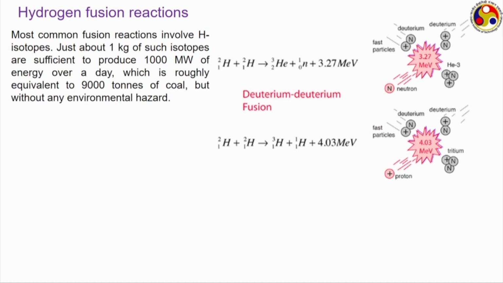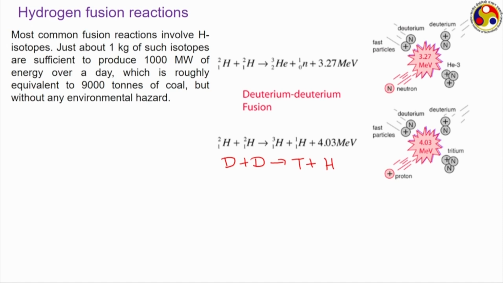Similarly, it is also possible to have a deuterium fusion to produce tritium. Conventionally, like we use H to denote hydrogen, which is the common hydrogen, quite frequently we write this equation as D plus D, where D refers to deuterium, equals T plus H, where T refers to tritium and H refers to the common hydrogen isotope, the protium or proton.